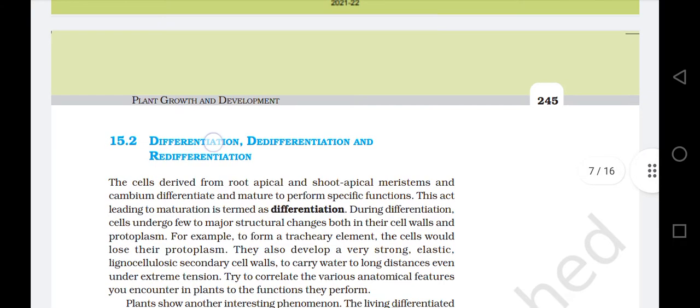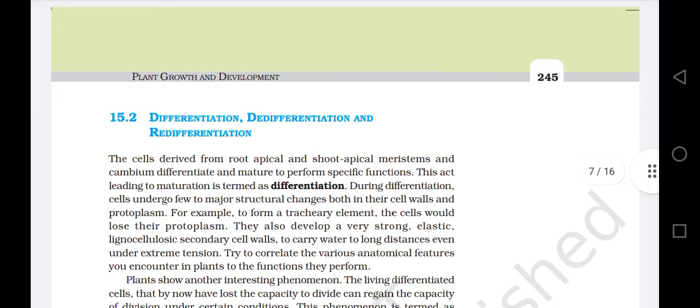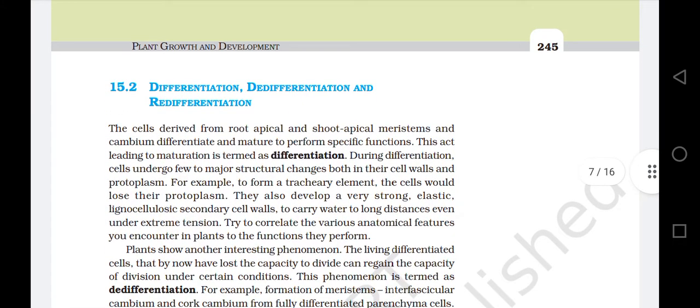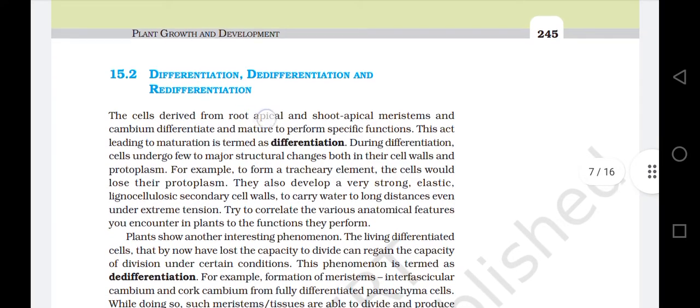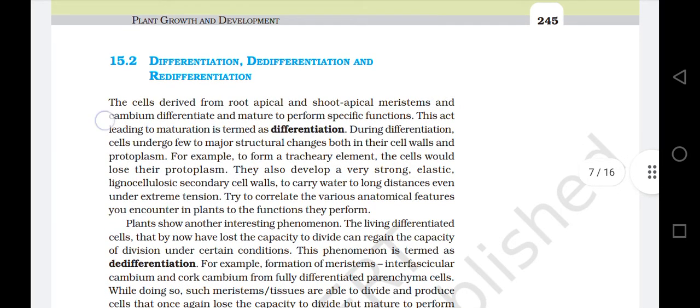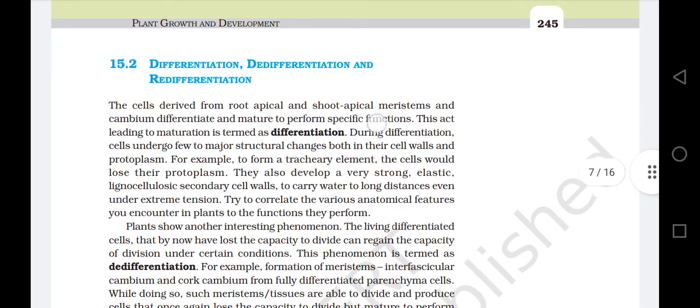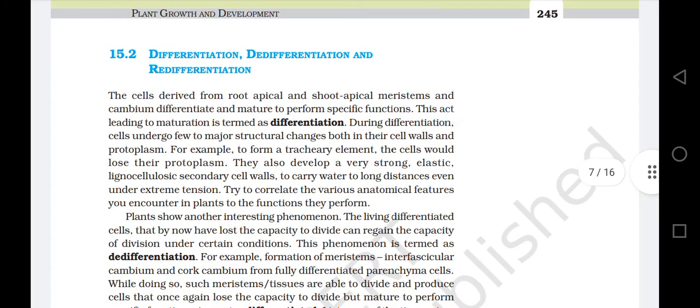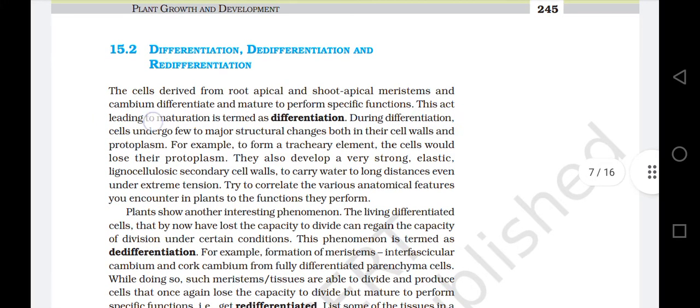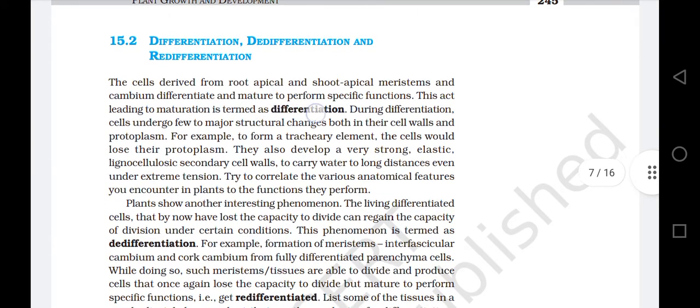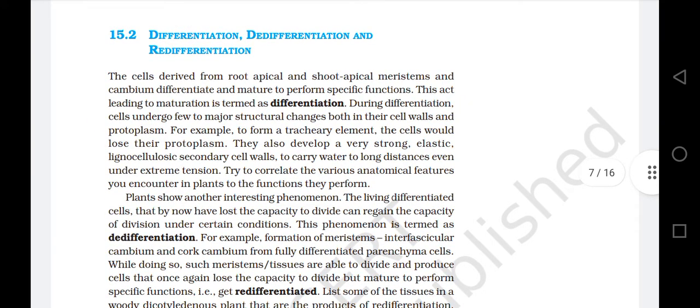15.2 Differentiation, dedifferentiation, and redifferentiation. The cells derived from root apical and shoot apical meristems and cambium differentiate and mature to perform specific functions. This act leading to maturation is termed as differentiation. During differentiation, cells undergo few to major structural changes both in their cell walls and protoplasm.